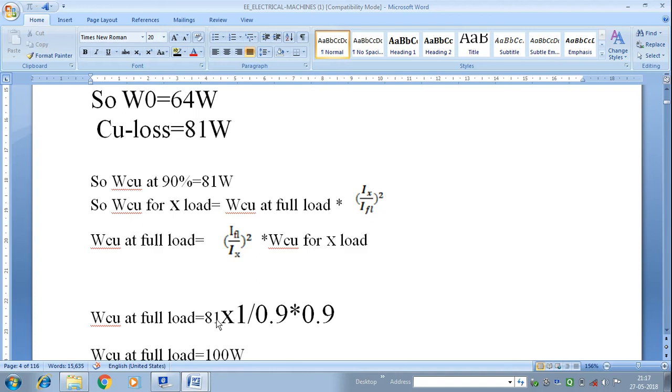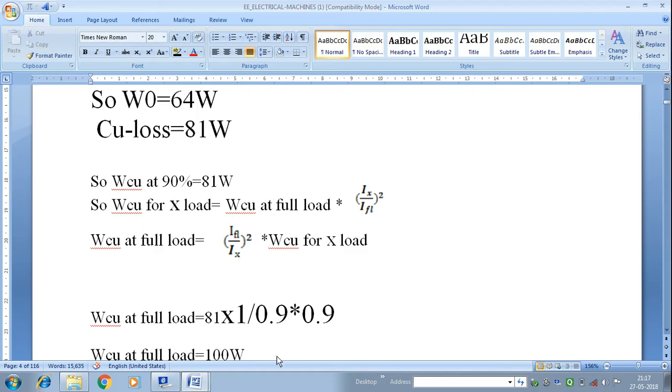Here we have taken X load as 90% of the rated current, so 81 into, let us assume full load current is equal to 1, then X is 90%, so 0.9.